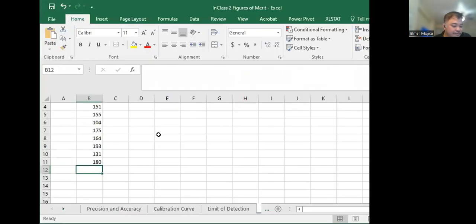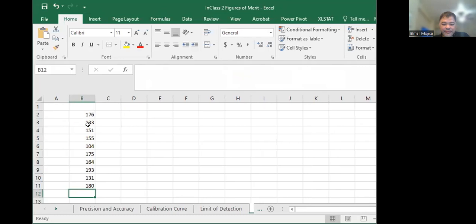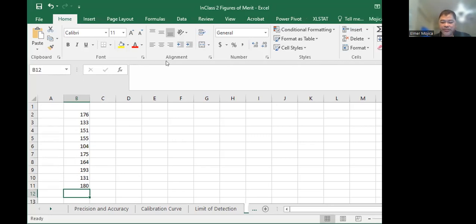So what do we need to get from here? These are the log concentrations. We need the standard deviation.